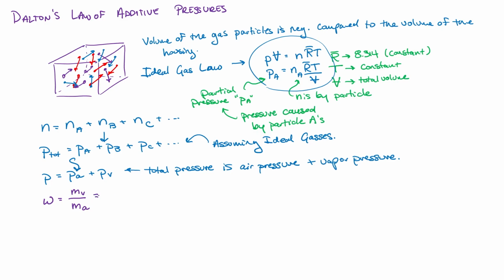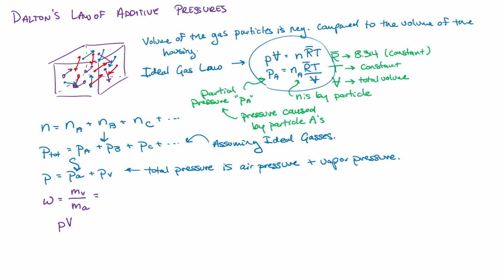And with this, not quite using Dalton's yet, but still using our ideal gas assumption, we'll go ahead and throw up one of our normal thermodynamics versions of this equation.